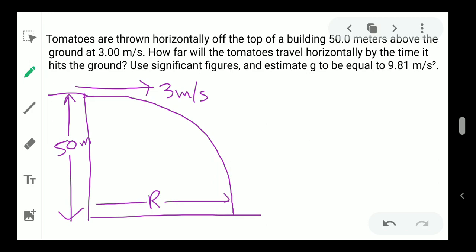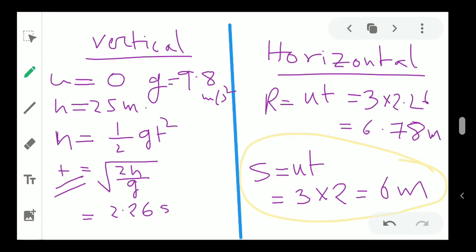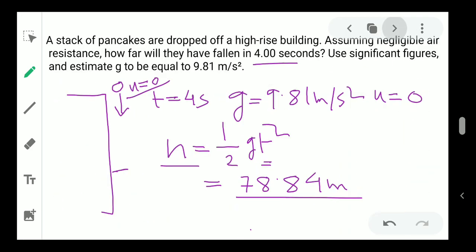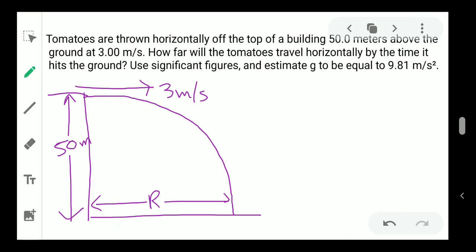In the earlier question we did not want to find the range, it was asked just to find out for 2 seconds, so it was easy. But in this case it asks to find out r, that means how far will the tomato travel horizontally by the time it hits the ground.